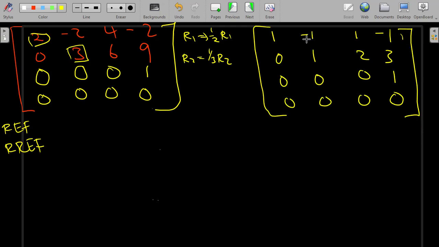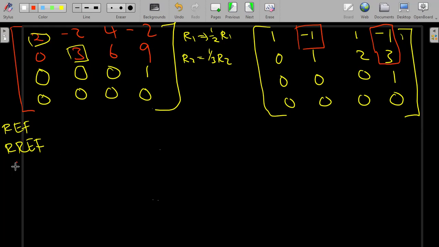So we have to make this minus 1 here to be 0, and I also have to make this minus 1 and this 3 here to be 0. Remember, the only non-zero entry in the column where you have a leading coefficient should be the 1 itself. So let's first make this minus 1 to be 0.